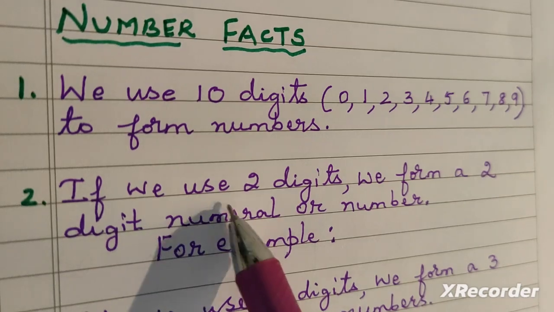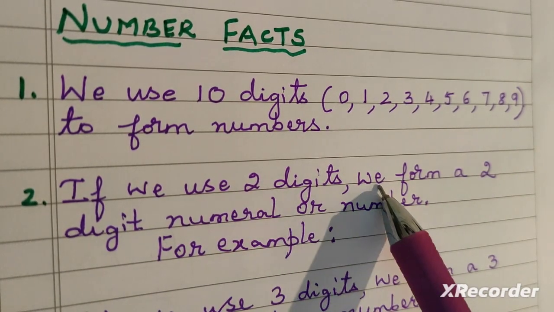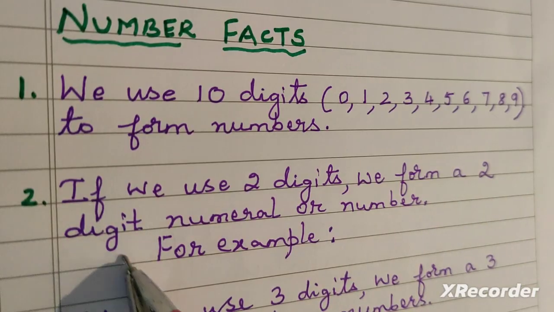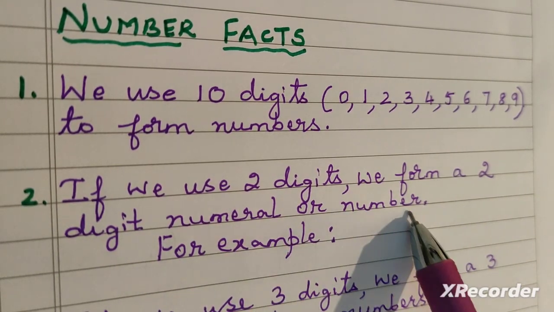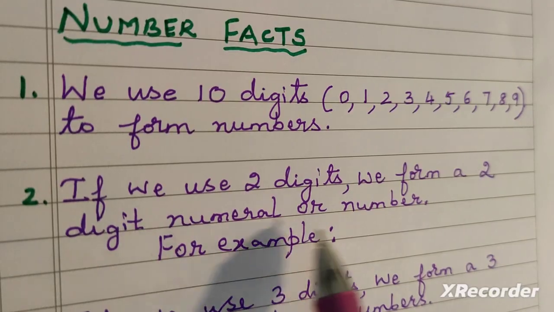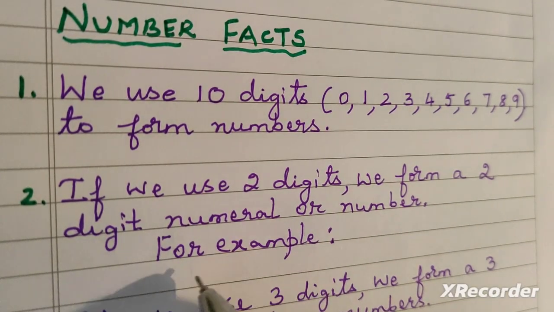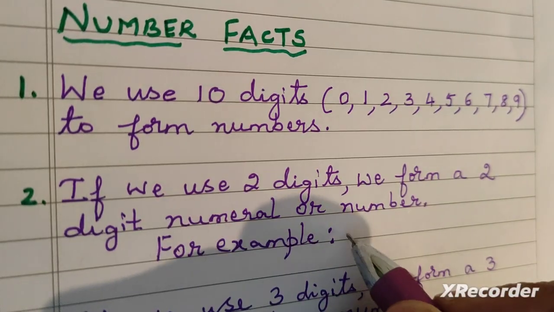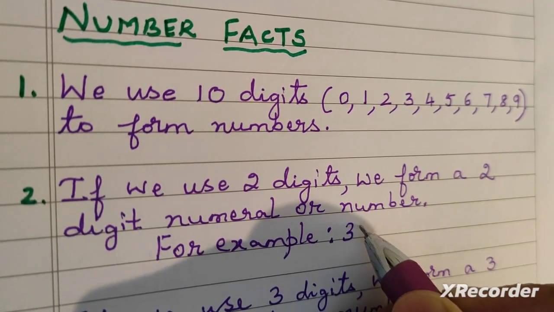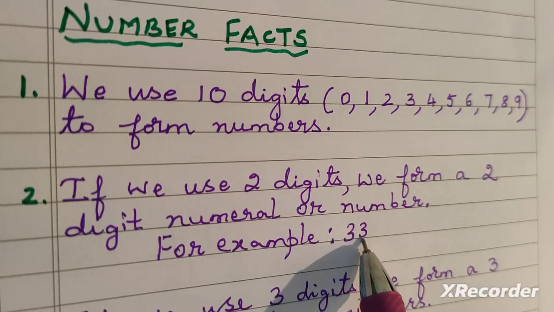If we use 2 digits, means 2 numbers, we form a 2-digit numeral or number. So we will take one example. Any number is okay. We will take up 33. 33 has 2 digits. 1, 2.